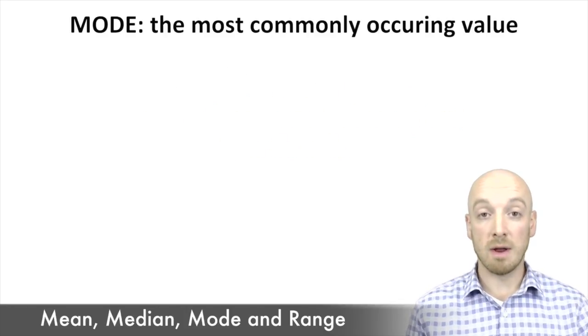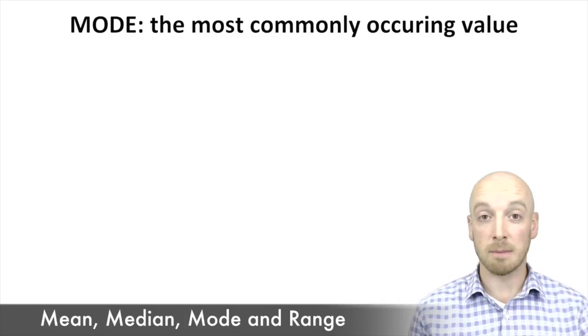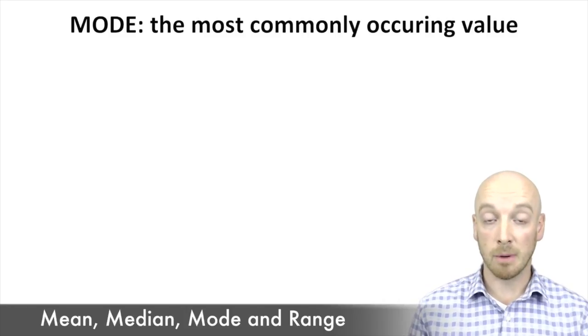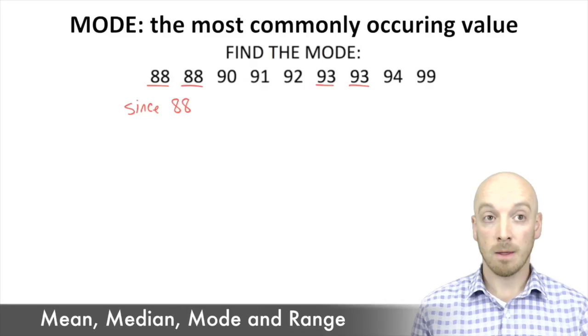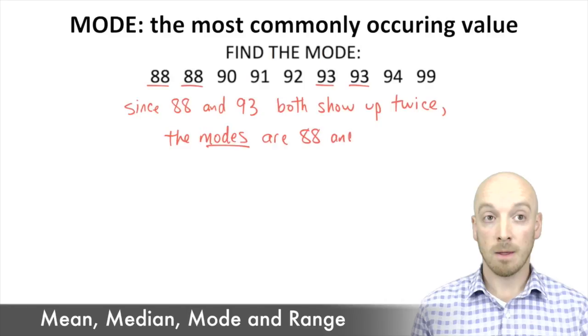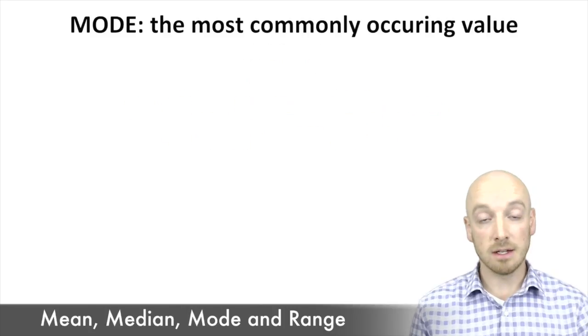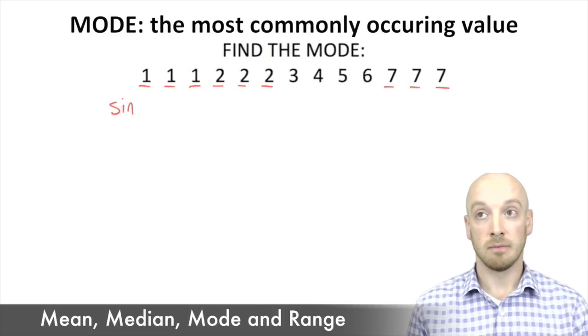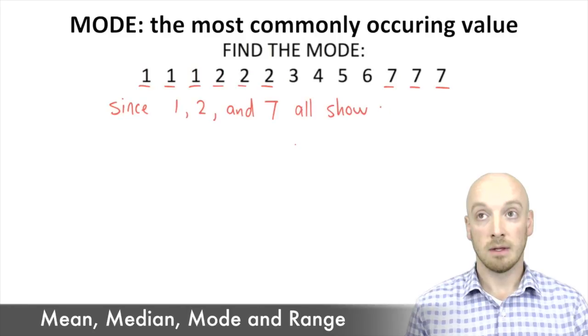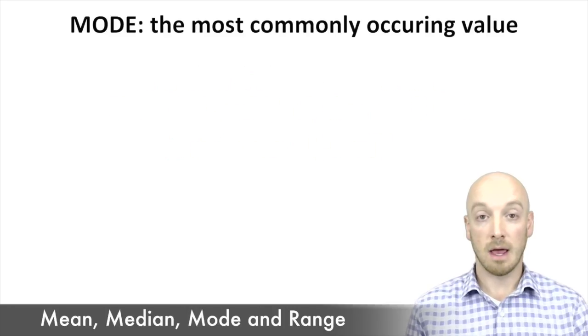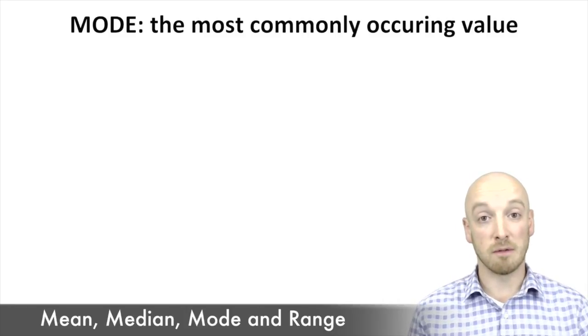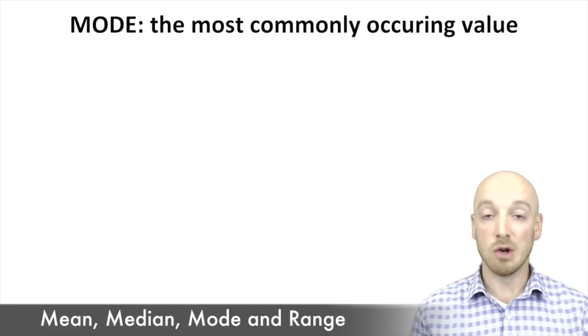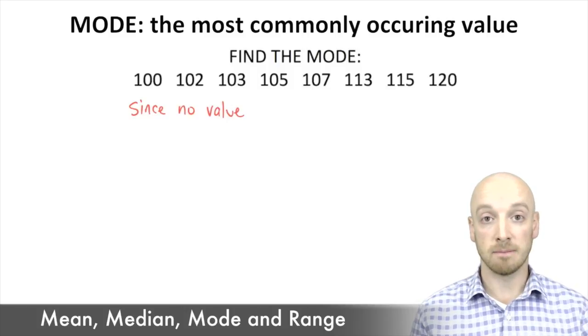But there could be more than one mode, meaning there's more than one value that shows up the same number of times, like in this example, and in this one. And it's possible, although unlikely if they're asking you to find the mode, that there's no mode at all, meaning no value repeats in a distribution.